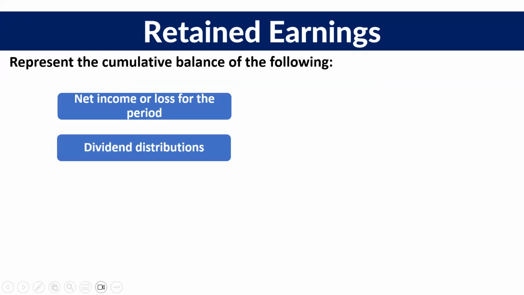Second is dividend distribution. Yung effect ng dividend distribution, or should I say even declaration, because per standards, we can already recognize a decrease in our retained earnings as long as the dividends were declared by the board of directors. So yung effect ng dividend distribution ay makaka-reduce siya sa balanse ng ating retained earnings.